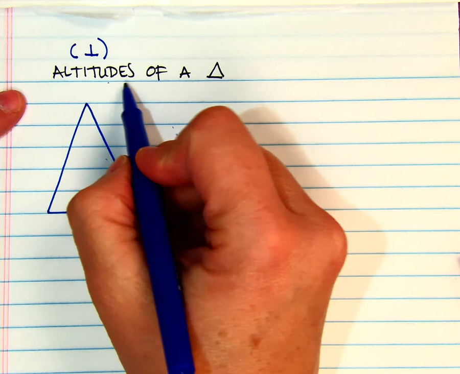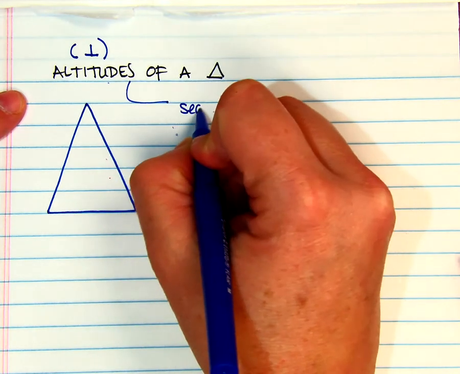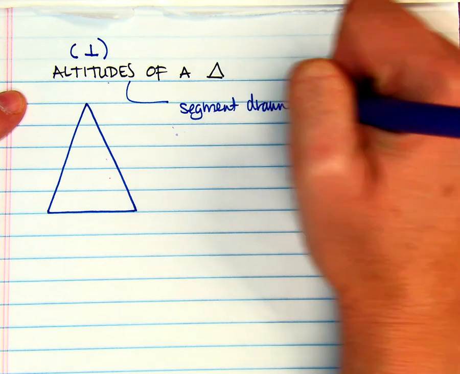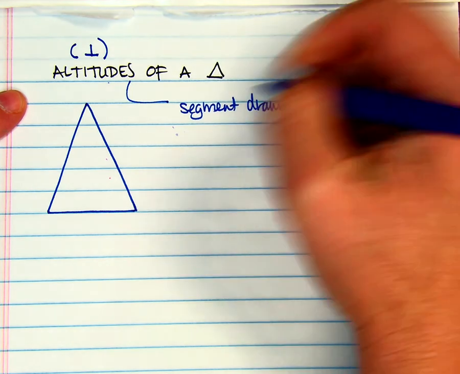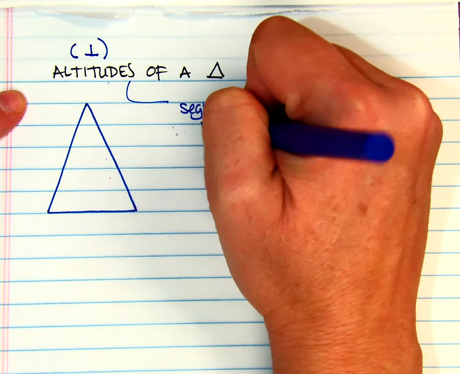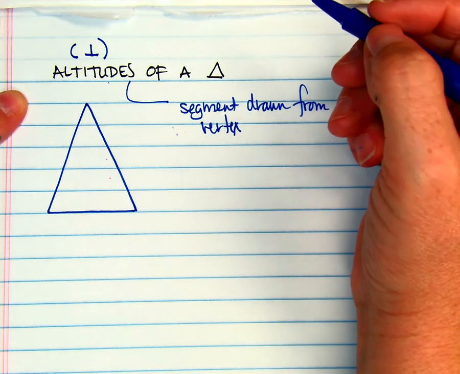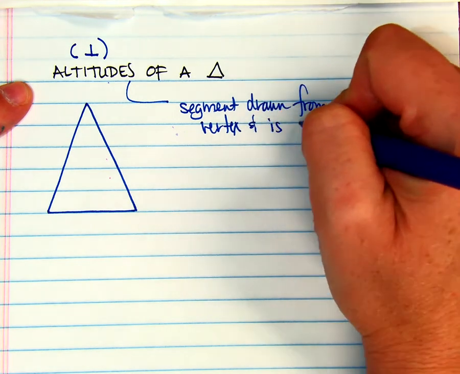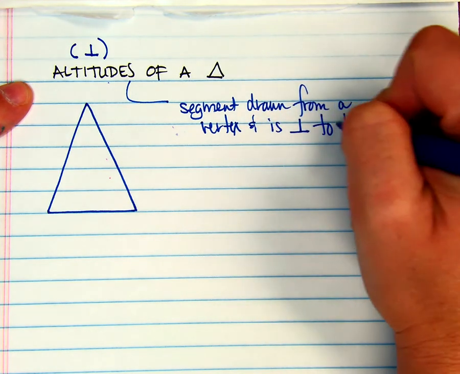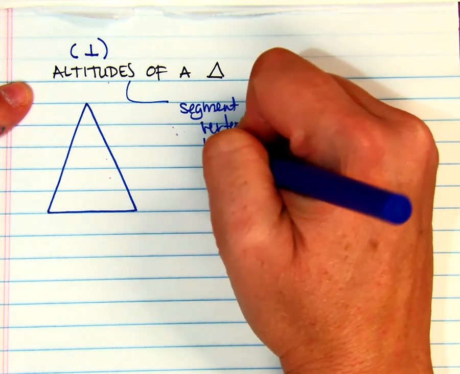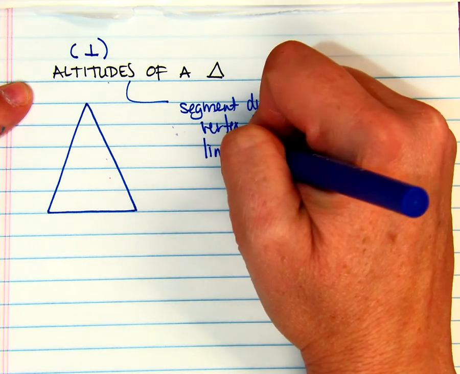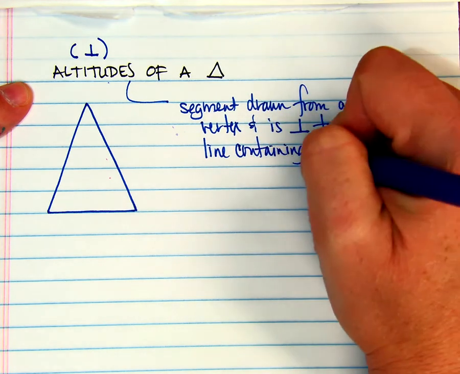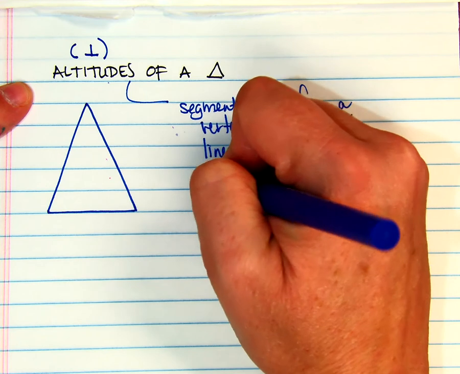And by definition of altitude, it is the segment drawn from a vertex and is perpendicular to the line containing the opposite side.